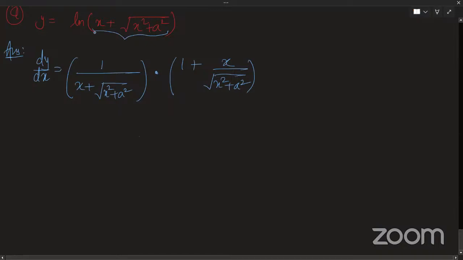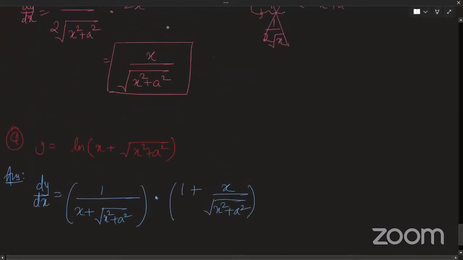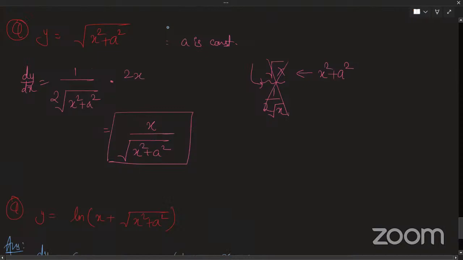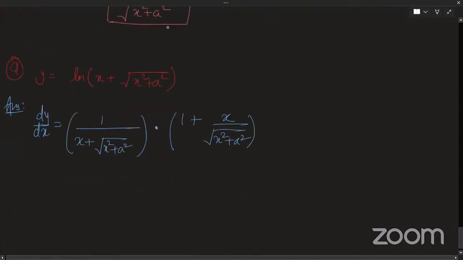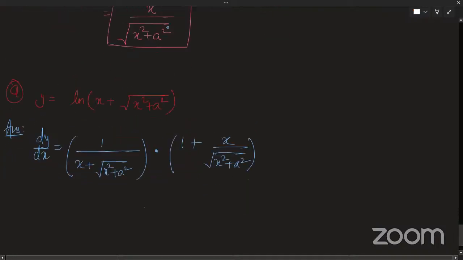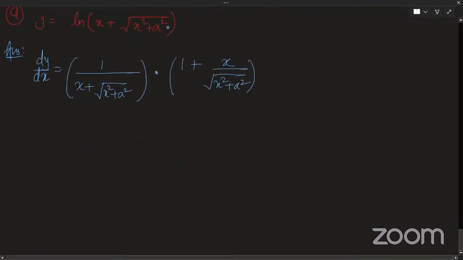When I differentiate x plus square root of x square plus a square, the derivative of x is 1, so I get 1 plus. Then I differentiate square root x square plus a square, which I have already done above. The differentiation of square root x square plus a square is x divided by square root of x square plus a square. Then I take out the common thing and common the denominator, so the numerator and denominator become equal and get cancelled out. I'm just left with this.